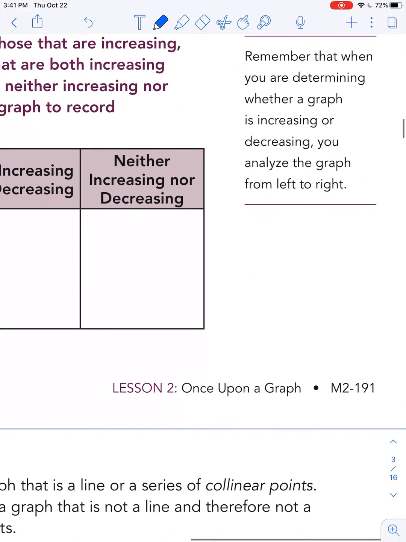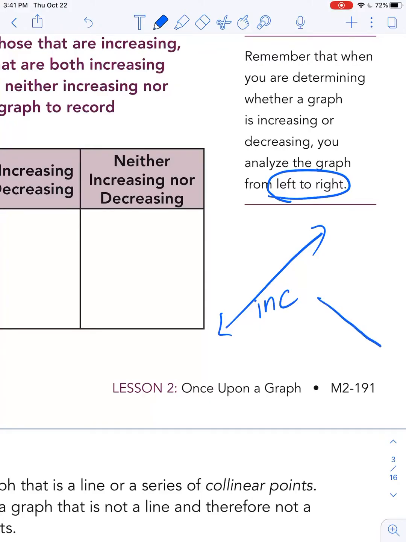When you're determining when a graph is increasing or decreasing, you analyze the graph from left to right. Is the graph going up? That would be increasing. Is the graph going down? That would be decreasing. If it goes up and then down, it would be both of them. If it goes straight across, it would be neither.